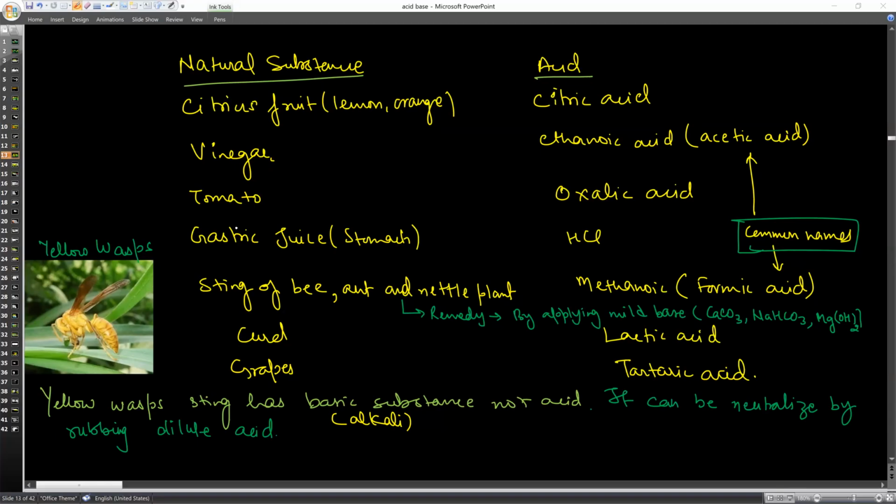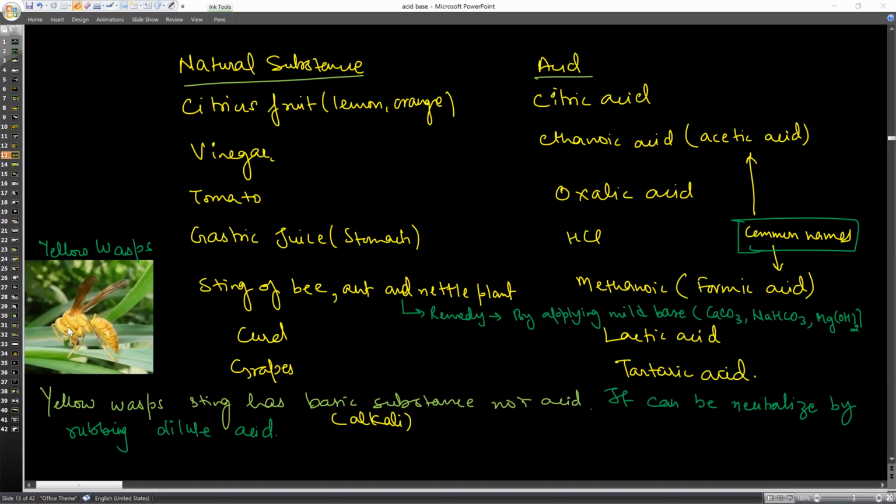Tartaric acid, and moreover the yellow wasp that you have already seen is similar to the honeybee, but it does not have methanoic acid. When it injects, it is having a base. So whenever this type of insect bites someone, we have to neutralize it by using a mild acid, like lemon juice.